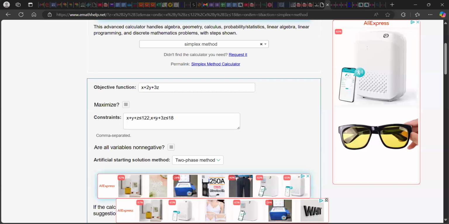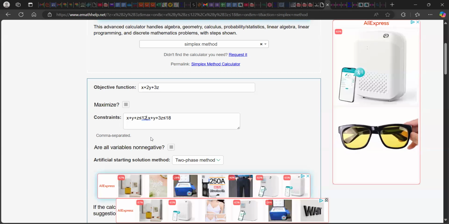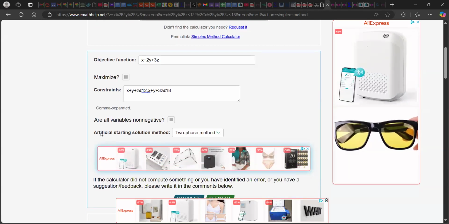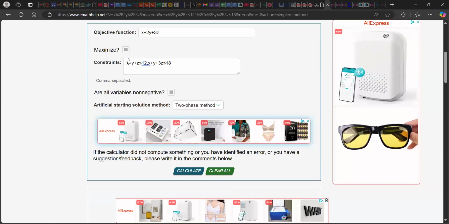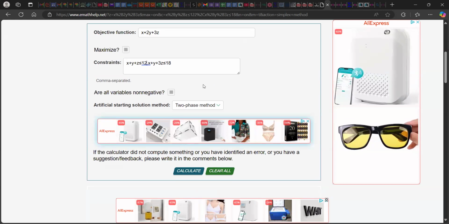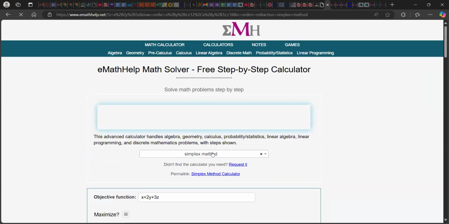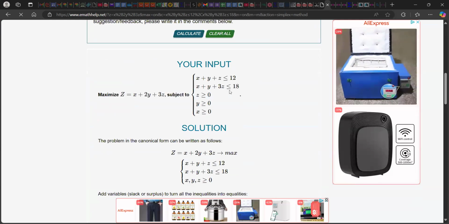Mistake. It's 12. And x plus y plus 3z is less than or equal to 18, right? And you notice they say maximize. You do a little bit of work there, and I go to the big M method, calculate, right? And that's what your input is.